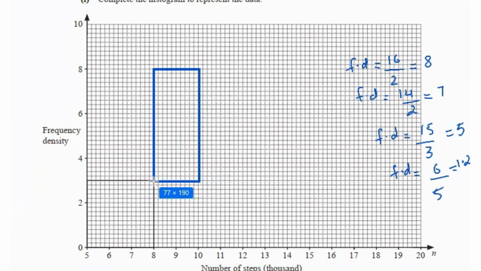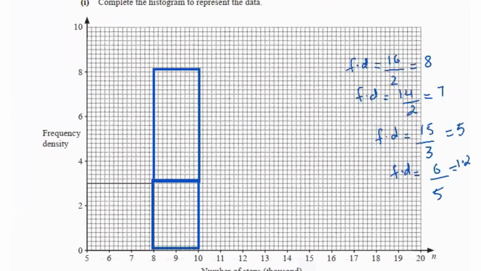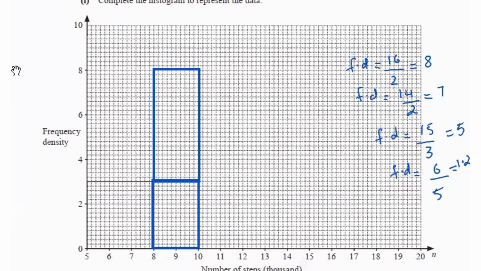So basically it's going to be a complete rectangle like this. This is for 8 to 10. Then the next one is 10 to 12. So for 10 to 12, it's 7. So let's draw a line at 7 first.